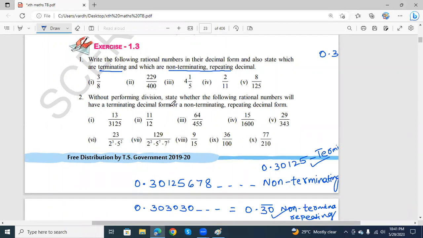Now, without performing division, state whether the following rational numbers will have a terminating decimal form or non-terminating repeating decimal form. Here we performed the division and concluded our answers. Now, without performing division, we need to conclude our answer.